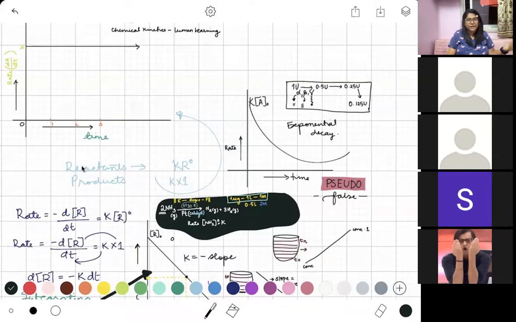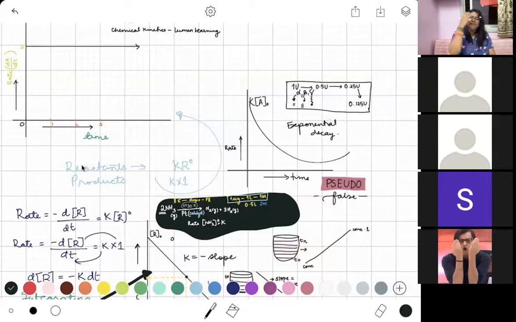These are not first order reactions, but under certain conditions, maybe a lot of pressure or a lot of increase in the temperature or more amount of catalyst, these reactions seem to behave like first order reactions. But if they don't behave like that, they could be second order, third order, or any other kind of reaction. But they seem to represent that kind of reaction. So we call them your pseudo first order reaction.